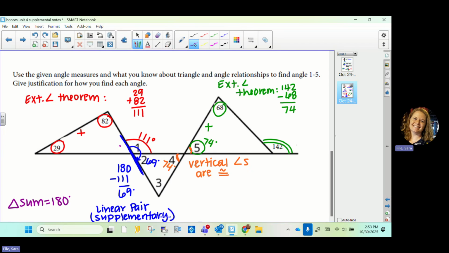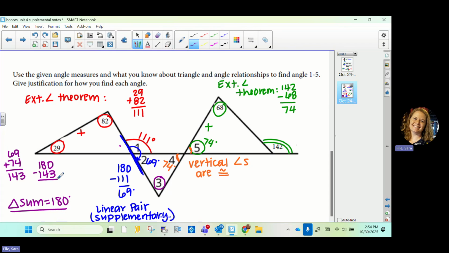Now I can use that triangle sum theorem to find angle 3. So the triangle sum theorem says, okay, I've used 69 and 74. So I've used up 143 degrees. And the triangle has to add to 180.